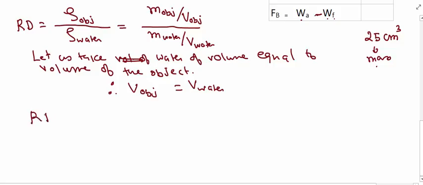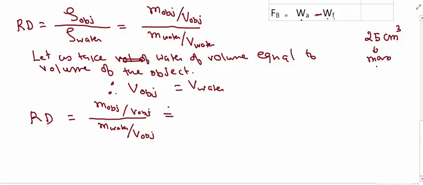Therefore, RD will become equal to mass of object divided by volume of object, divided by mass of water divided by volume of object, because volume of object and volume of water are equal. So volume of object will get cancelled out and I will be left with mass of object upon mass of water.